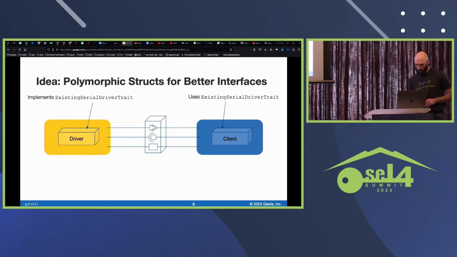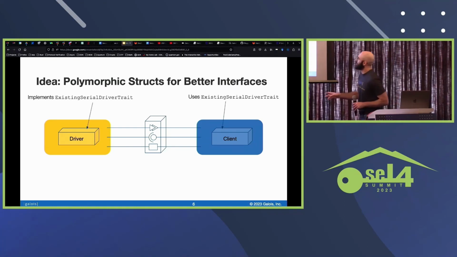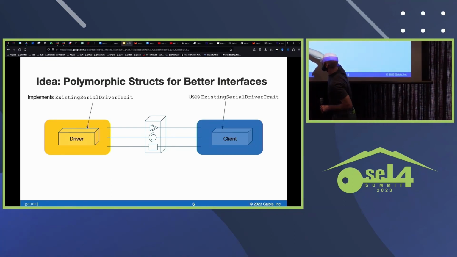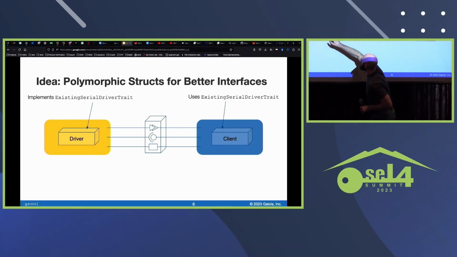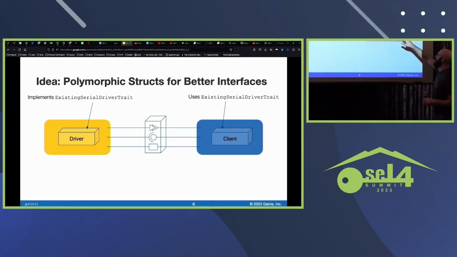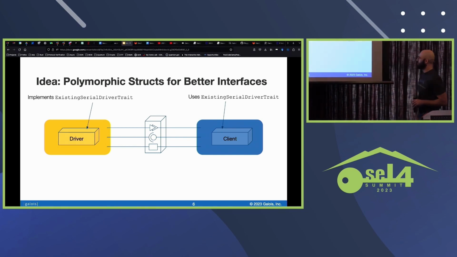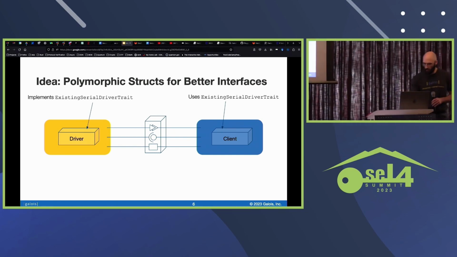Let's assume, for example, as on the previous slide, that we have a driver that implements this existing serial trait and a client that knows how to use something that implements that trait.